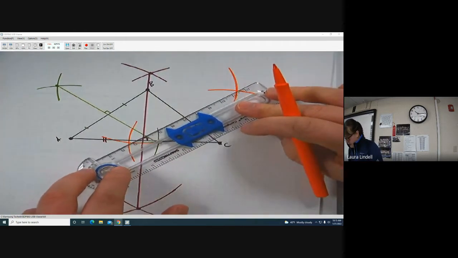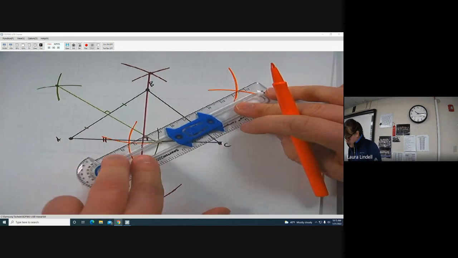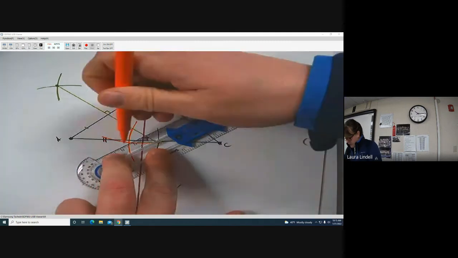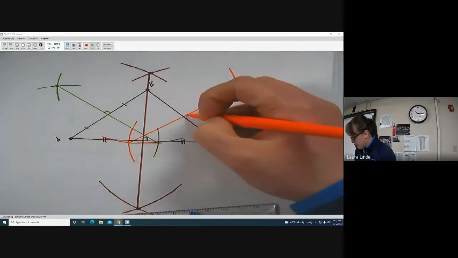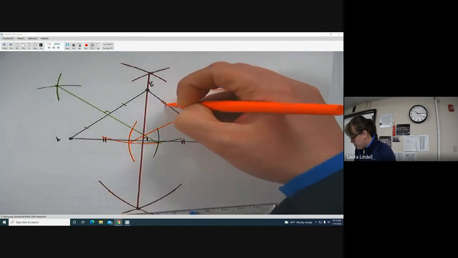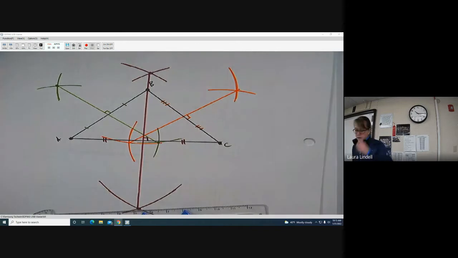And where they connect, we'll connect the dots. All right, so this is perpendicular to BC and halfway between.